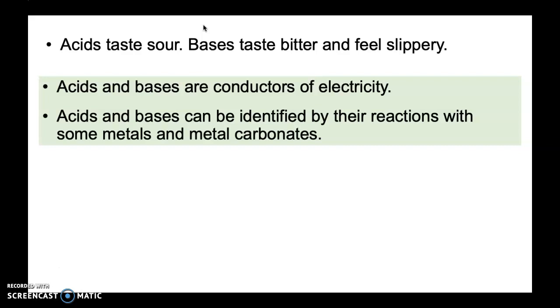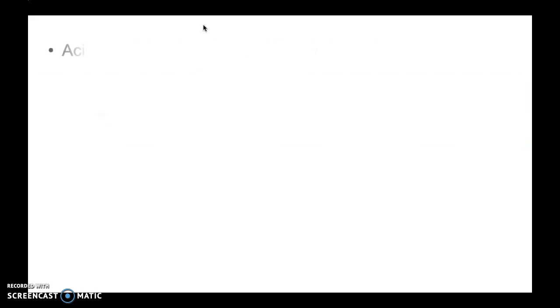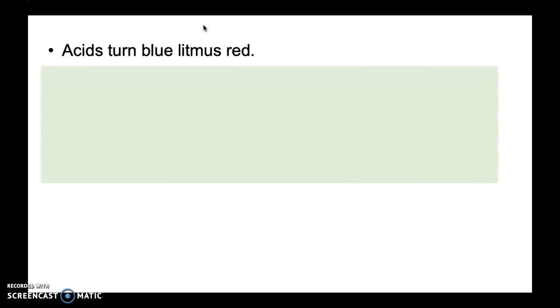Acid and base are good conductors of electricity. Now for acid, it turns litmus paper red, blue litmus paper into red. Base turns it blue.